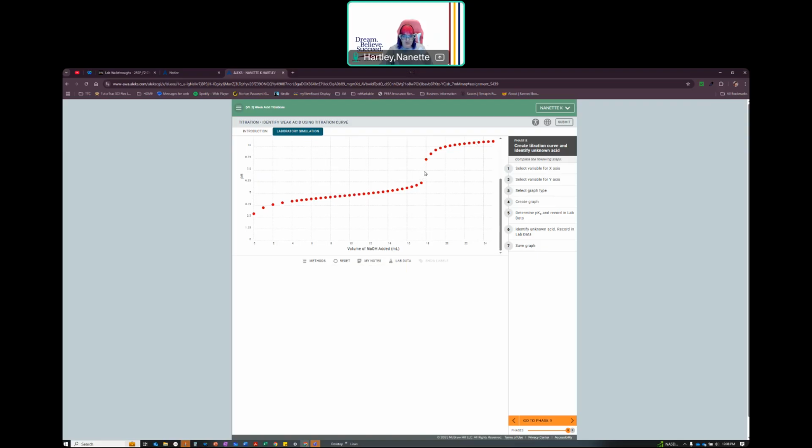So this is my plot. And I think that my equivalence point is right in here, which I can zoom in on. So it looks like it's right in here, ish. And so that volume is roughly 18.